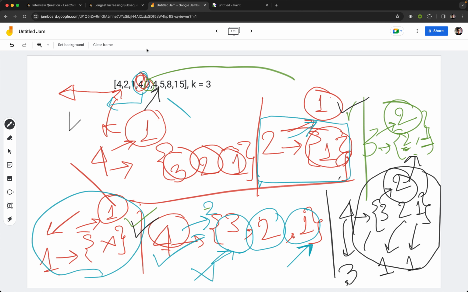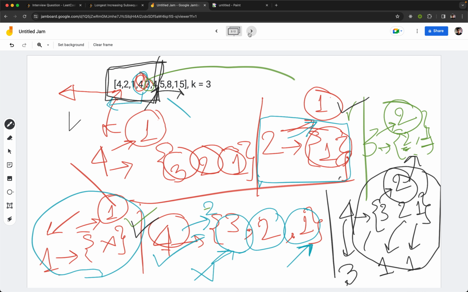This is the maximum length if we consider up till this part of the array. Fine. Similarly, we can dry run it towards the other elements of the array. You can dry run it so as to get an understanding of it, but I would just leave that to you, and let's proceed with the examples further.